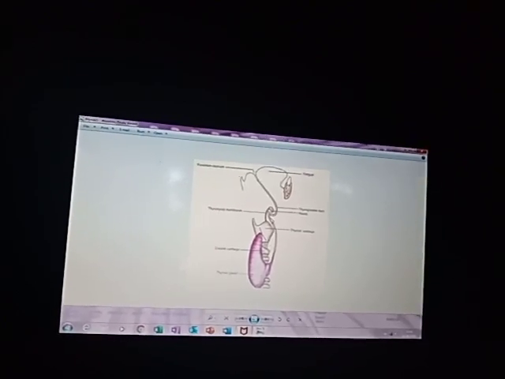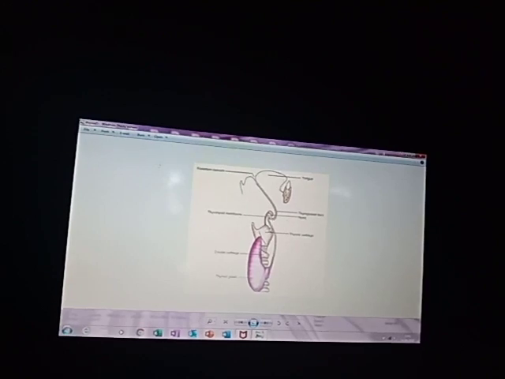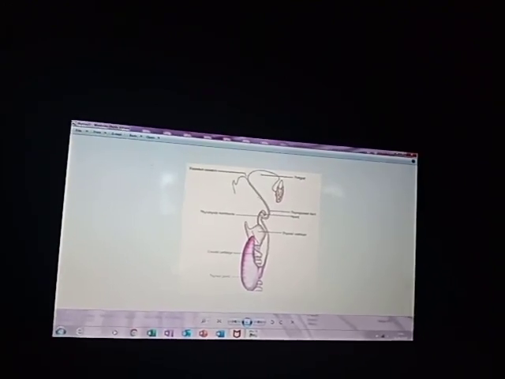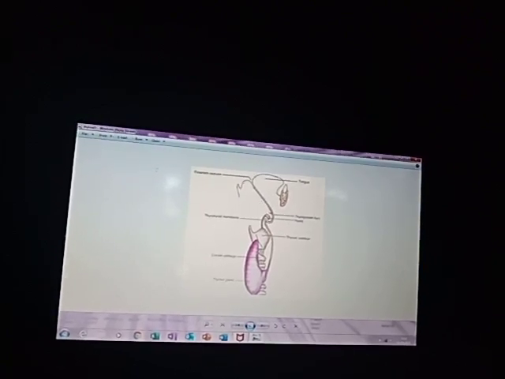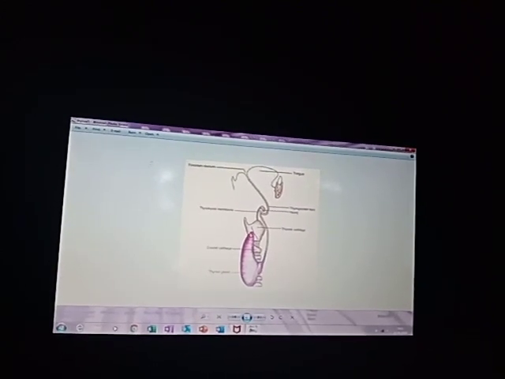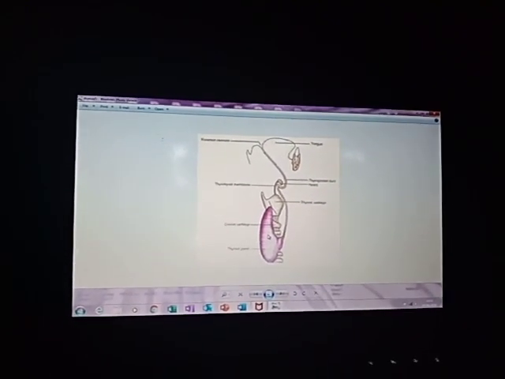During the descent, part of this diverticulum forms the thyroglossal duct. During maturation inside the womb, this thyroglossal duct ultimately disappears, and the main part of the gland remains in this position and forms the thyroid gland.